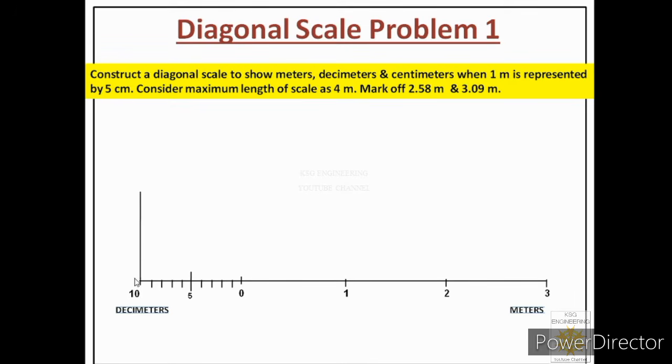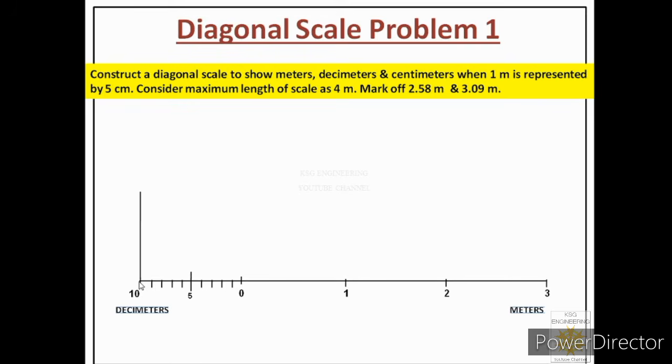Now one very important point to understand over here: we know that on this line we have to make 10 equal divisions, but the length of each division on this scale is our choice. That means I have the choice to consider the length of each division on this line.